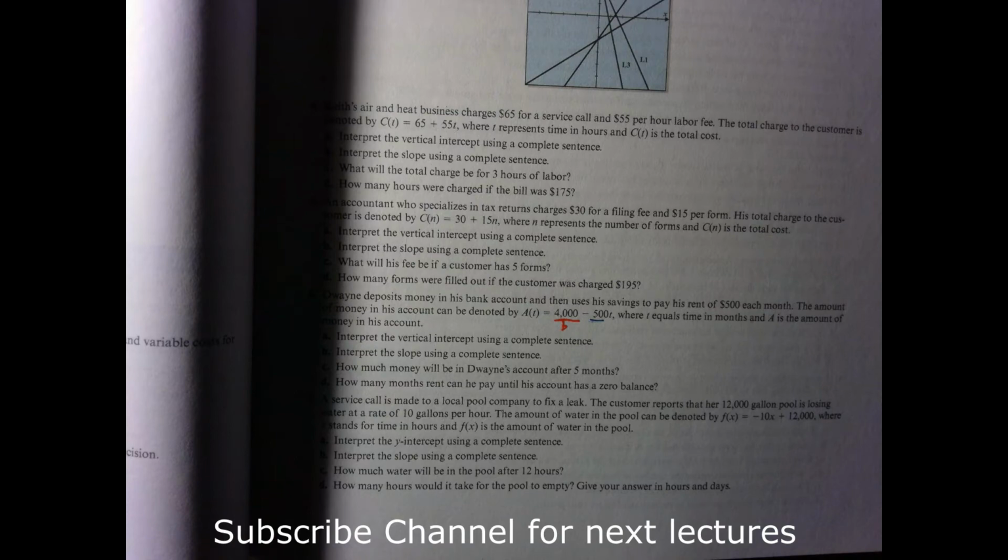And for part C, how much money will be in the account after 5 months? After 5 months, and T represents the time in months. So after 5 months, I just go ahead and plug that in.